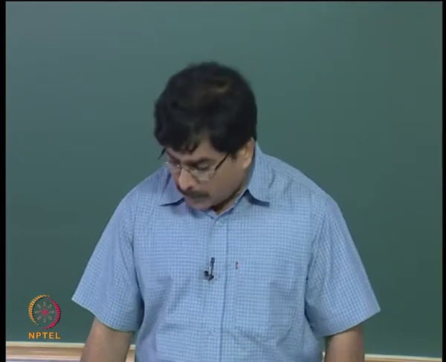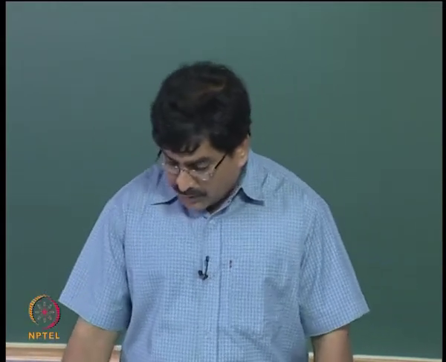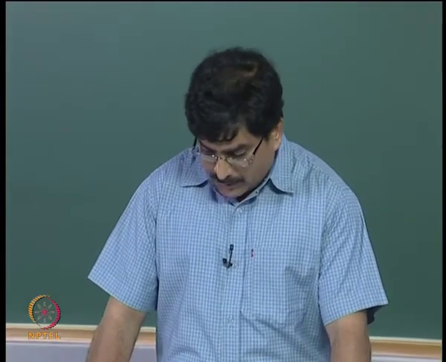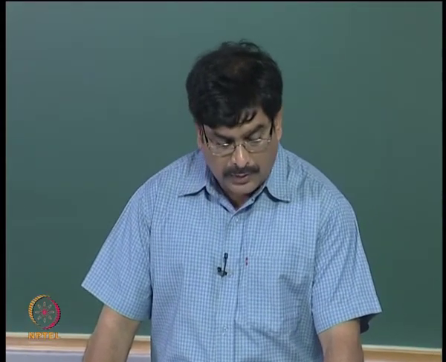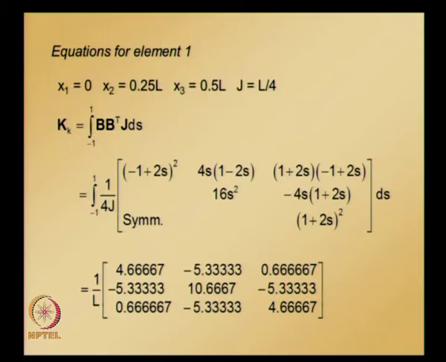Substituting B transpose and also the J value, this can be further simplified by performing integration. We get Kk as this one.